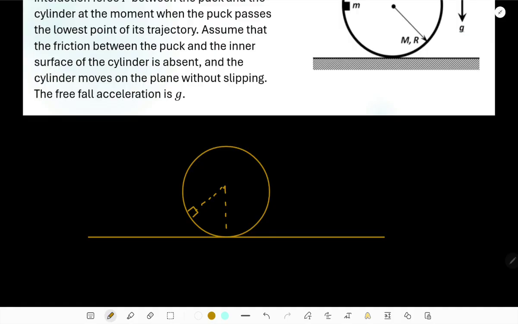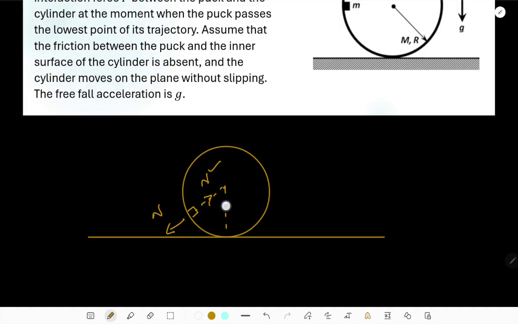So a normal force will be applied on the puck by the cylinder, and so does the puck on the cylinder. This normal is on the cylinder, and this normal is on the puck, and they are exerted by each other.